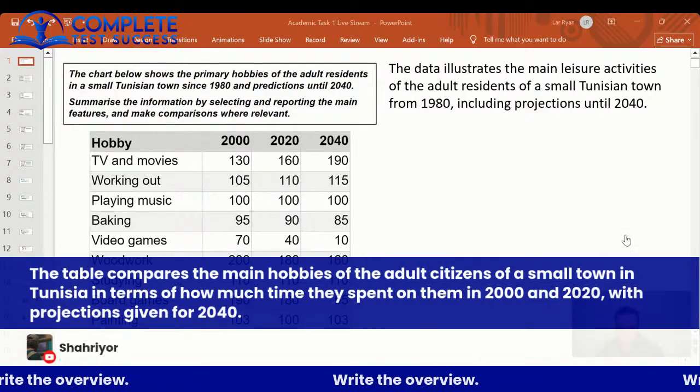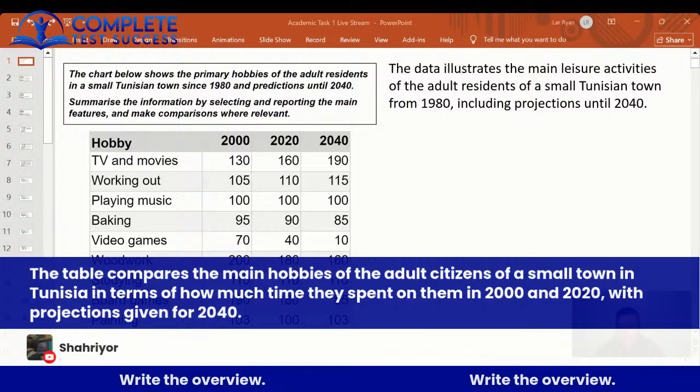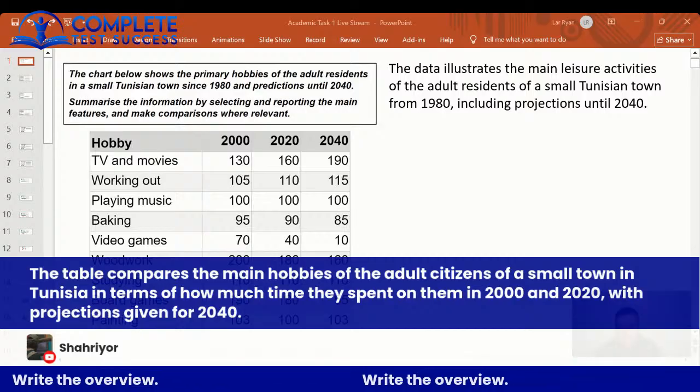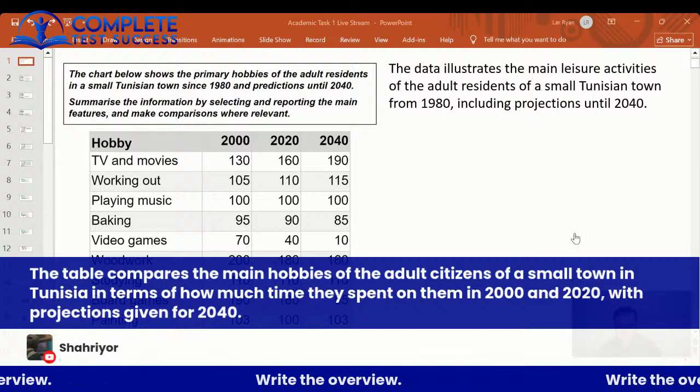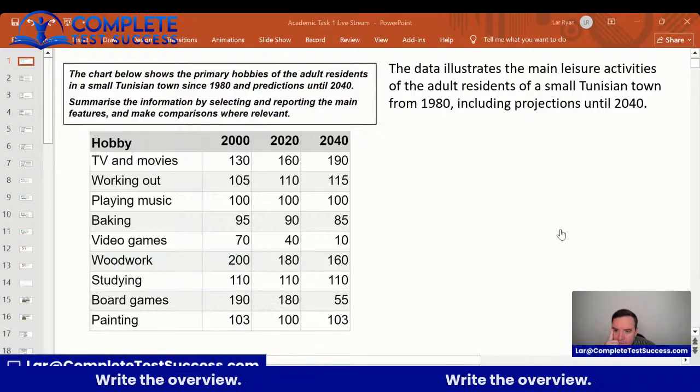Okay, the table compares, did we see this one already? We didn't. The table compares the main hobbies of the adult citizens of a small town in Tunisia in terms of how much time they spent on them in 2000 and 2020, with projections given for 2040. Is it time? What do we see?